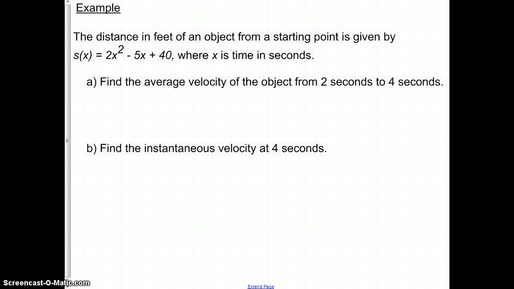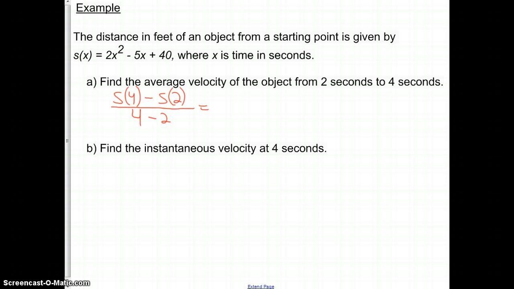We have function s, the distance in feet. So we're going to do s of 4, that y value, minus s of 2, the other y value, divided by the change in time. So it's a change in position divided by the change in time. That's what velocity is. It's just how far you go over a certain amount of time.